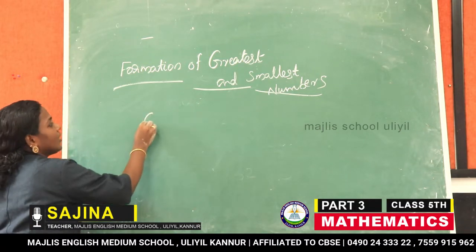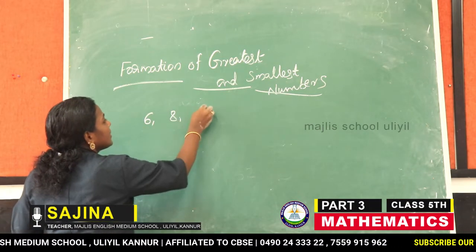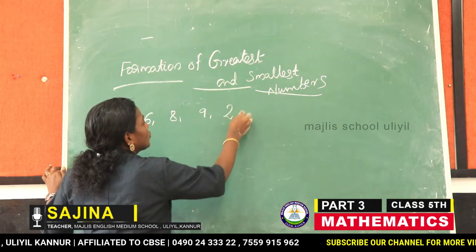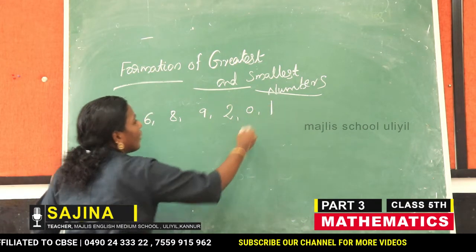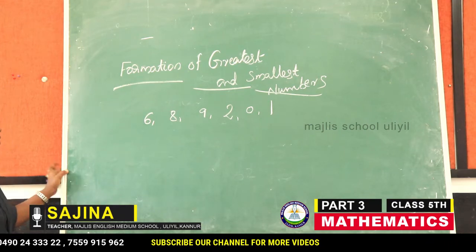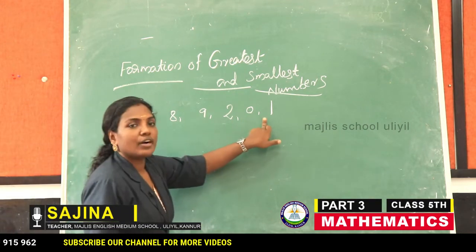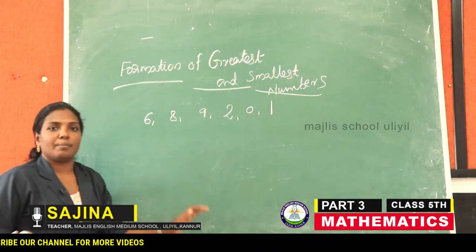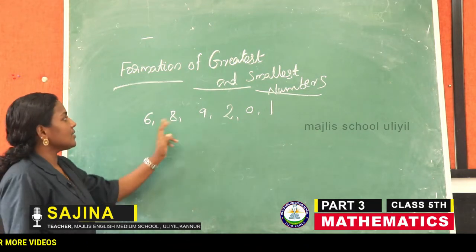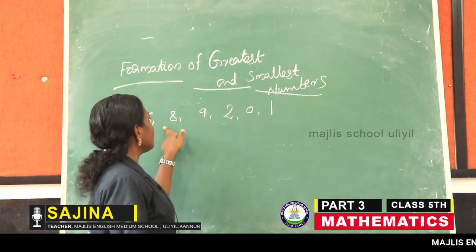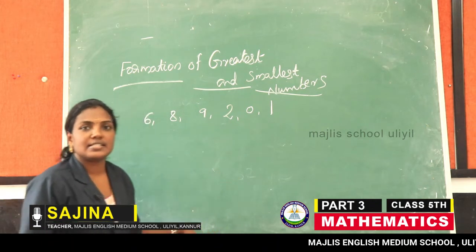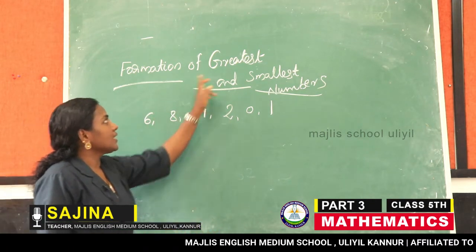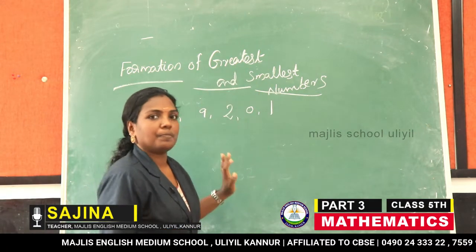Therefore, the digits are 6, 8, 9, 2, 0, 1. Using these digits, we want to find the greatest number.